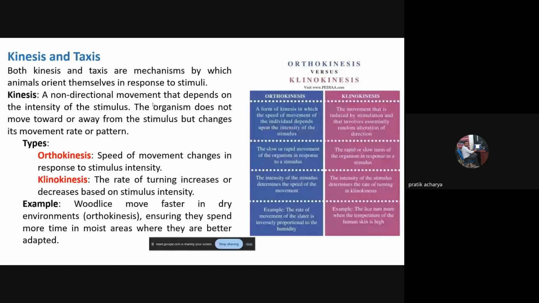Slow and rapid movement in orthokinesis is in response to stimulus, whereas rapid or slow turning of the organism is in response to stimulus in clinokinesis. In orthokinesis, the intensity of stimulus determines the speed of movement. But in clinokinesis, the intensity of stimulus determines the rate of turning. That means how many times it makes a turn. That is defined by clinokinesis. So these are different kinesis patterns.